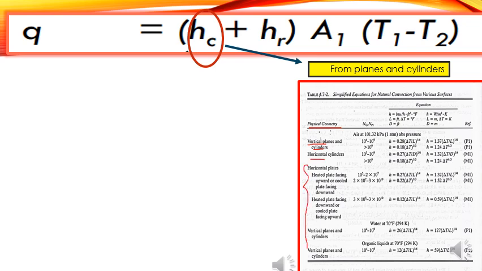Once we distinguish which category it falls into, we then calculate the Grashof times Prandtl number. Therefore, we can use the correct equation to determine the H value, and this H value is actually the HC that we are looking for to substitute into this equation.